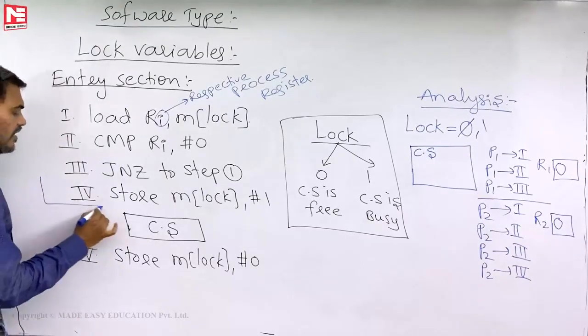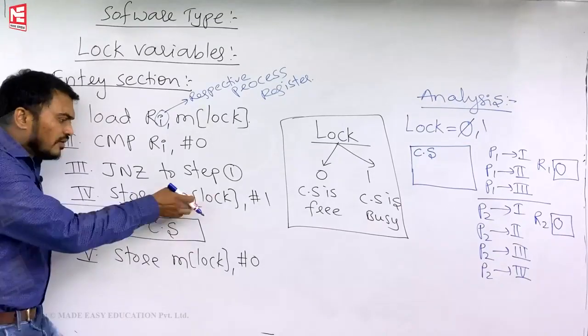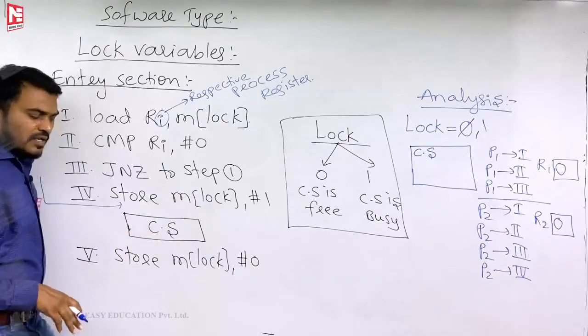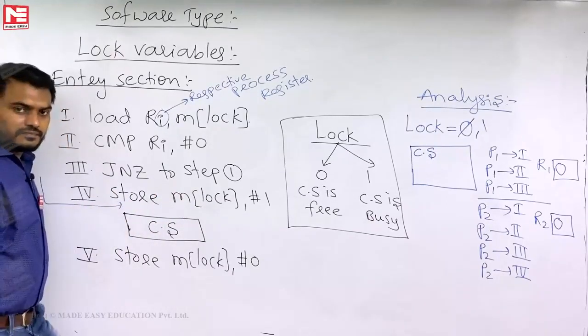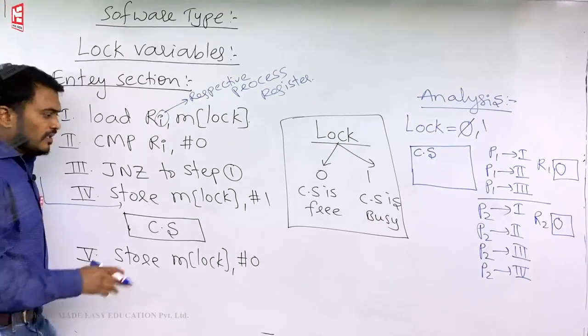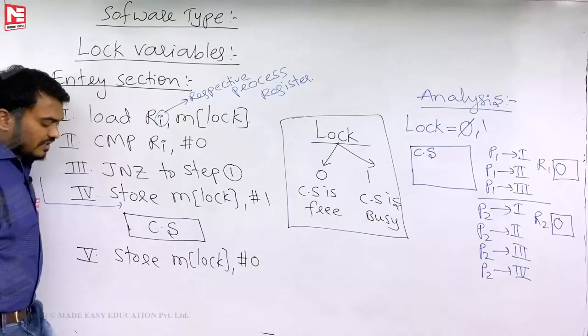If a process is preempted here, after you store the value of 1 into lock, you made it busy, already you made lock 1, and after that preemption happens. Now tell me, if preemption happens here, after making the lock value 1, is the critical section free or busy? First point.